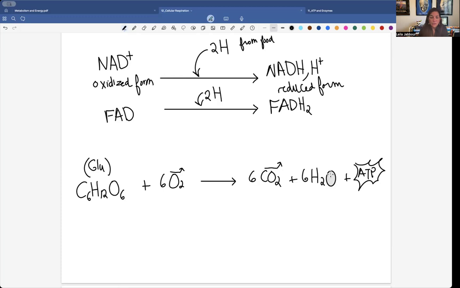Okay, so I wanted to show you that, well, remind you that those 6 carbons, this is where they are. 6 1-carbon CO2 is the same as 6 carbon in 1 molecule of glucose. So I just wanted to show that to you. And I want to show you where the H's are coming from.